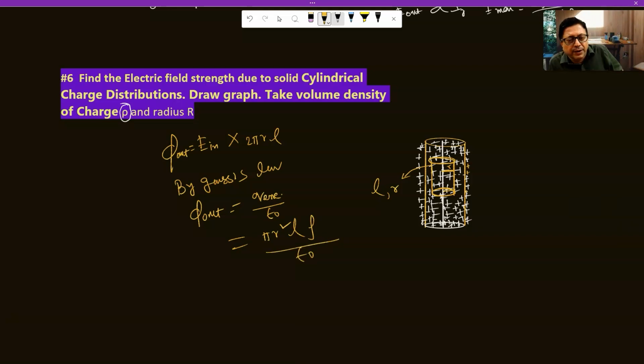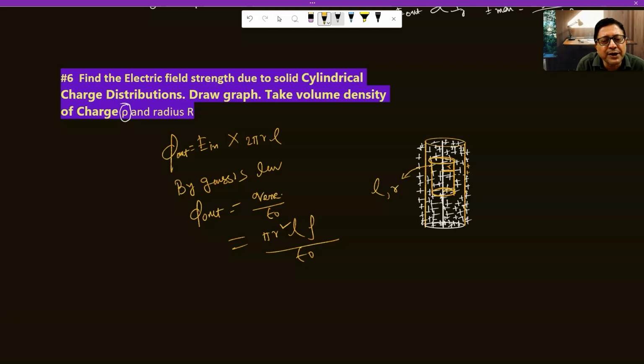Isn't it? Why? Because the volume density is rho. So we have to multiply the volume of the cylinder with rho. This way you get phi out.